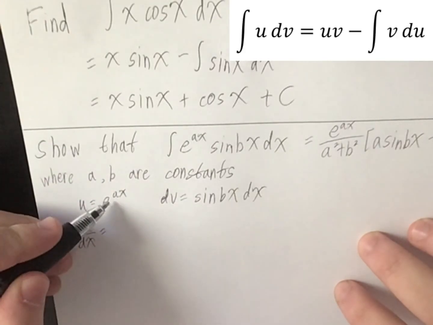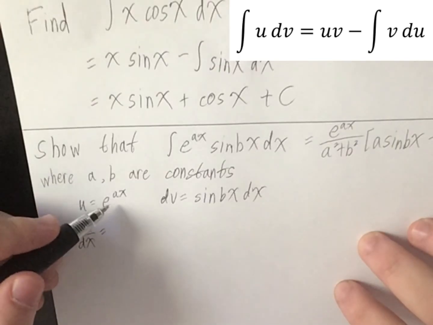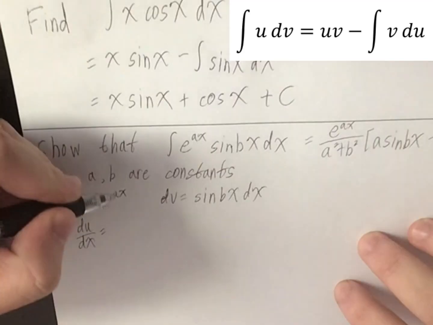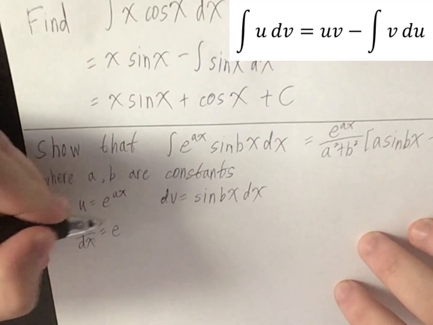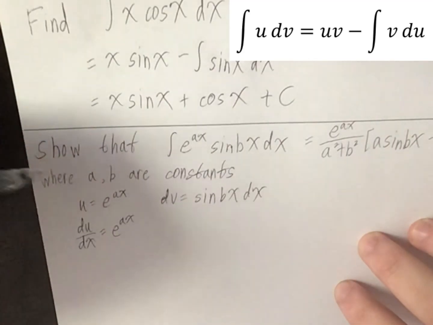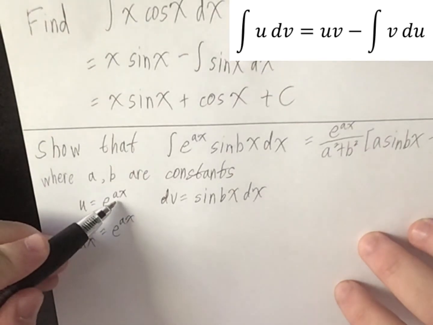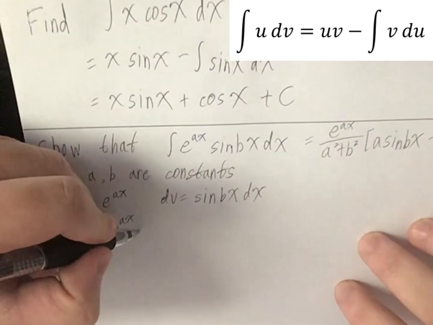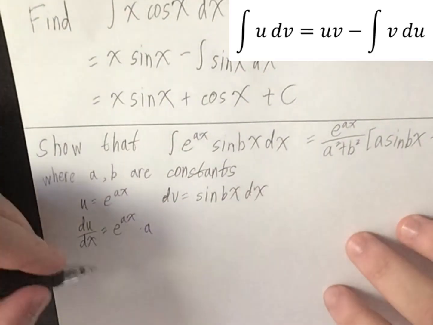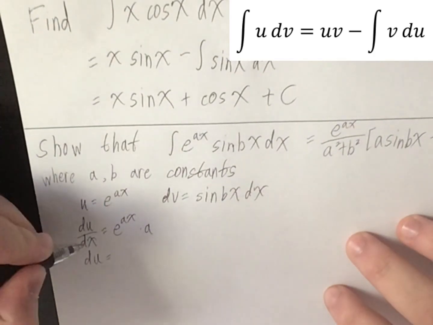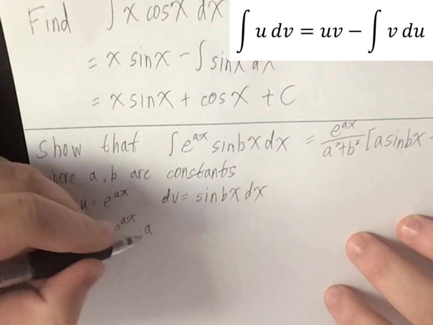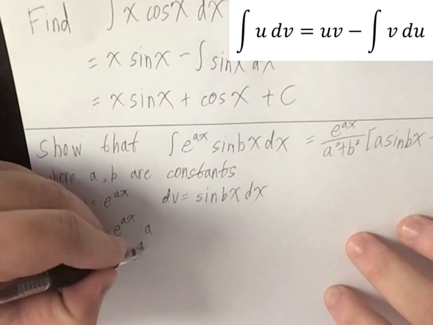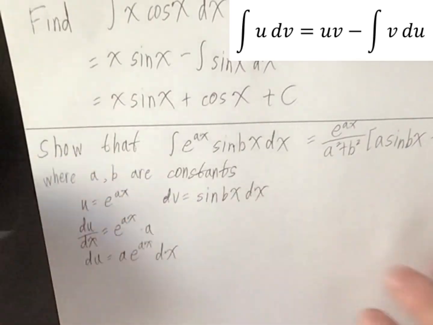Now you need to differentiate this thing, and you remember the derivative of e to the power of x, or e to the power of anything, is just itself, e to the power of ax. But then you need to use the chain rule. You need to times it by the derivative of the inside. So the derivative of ax is just a. So it means du, moving this dx to the right hand side and putting a in the front as well, is a e^(ax) dx.